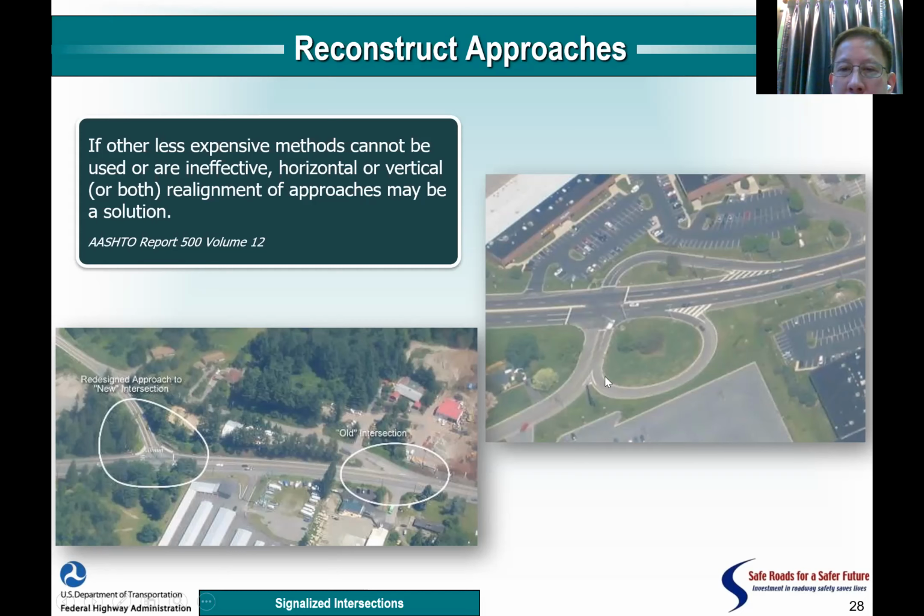On your right hand side, this is another type of design. To get into this parking lot, maybe you have got to get into here, get into here. This one, do not make a left turn.